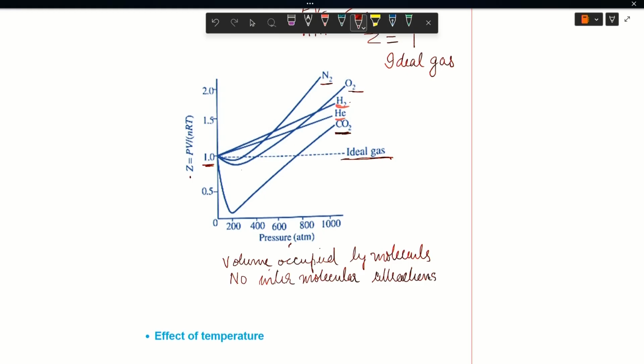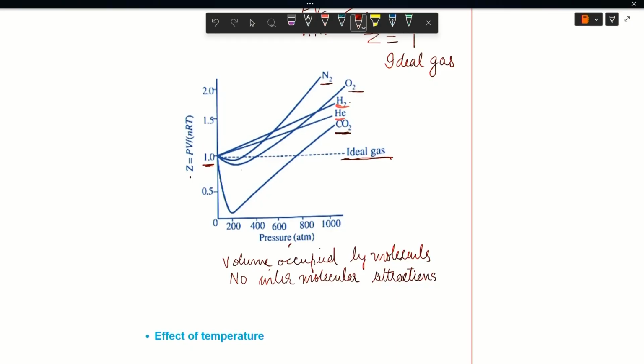These are the two assumptions we have been taking in the case of an ideal gas. But in the case of real gases, the volume occupied by the molecules and also the intermolecular attractions cannot be neglected under all conditions of temperature and pressure.